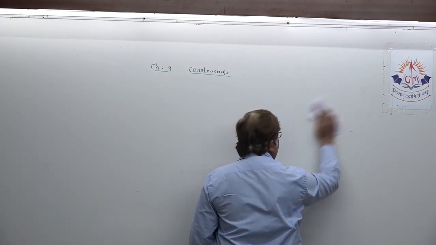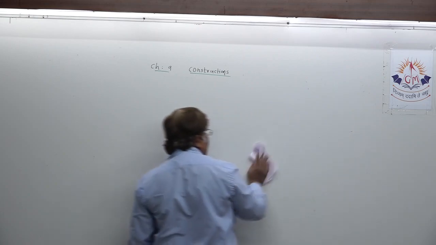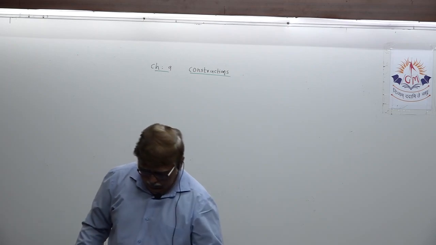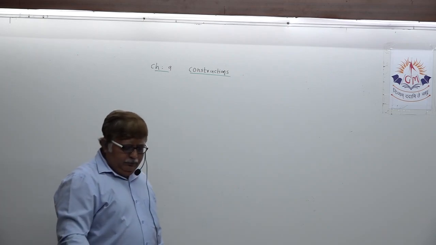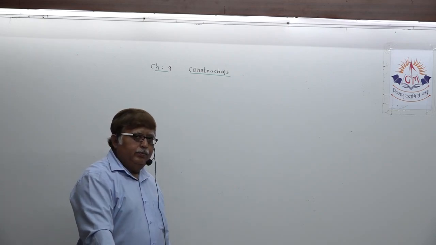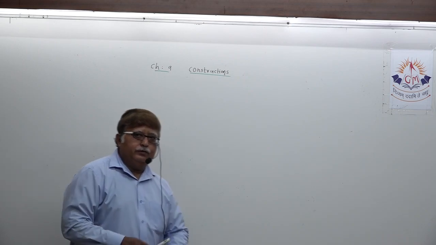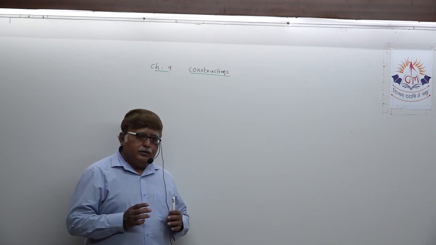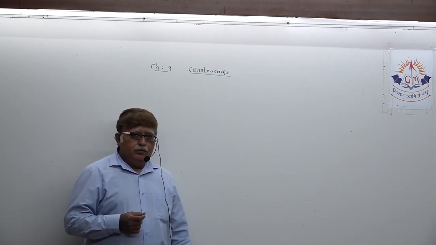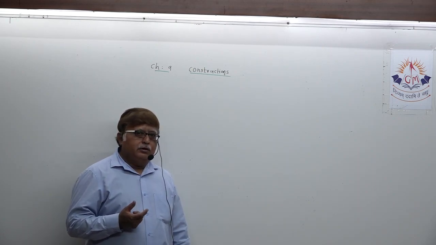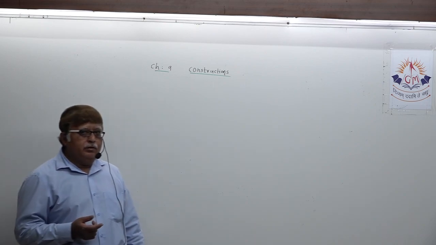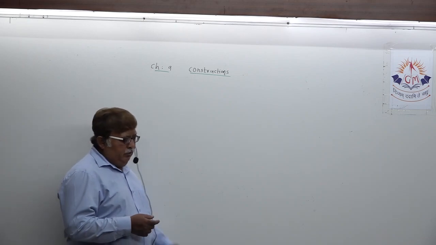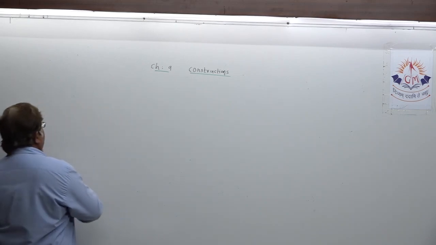When you construct trapezium, it involves construction of parallel rays. So it becomes a little difficult for students to understand how to construct trapezium, because it involves construction of two parallel rays.